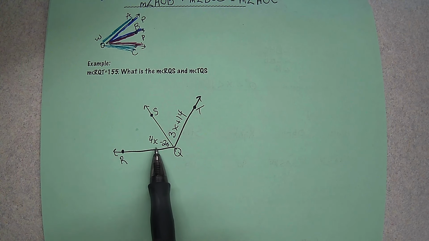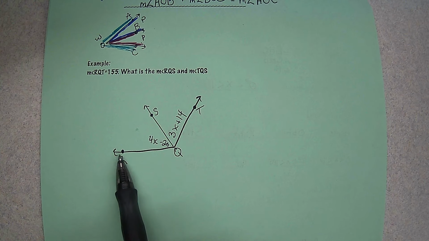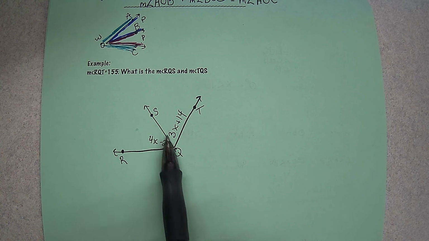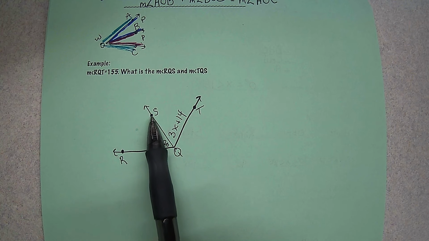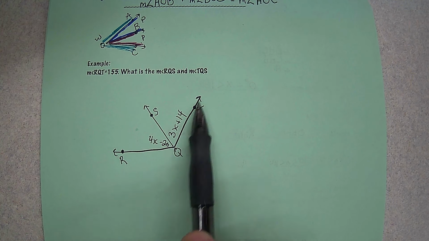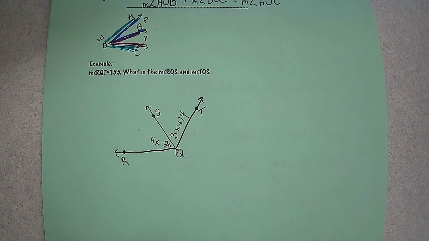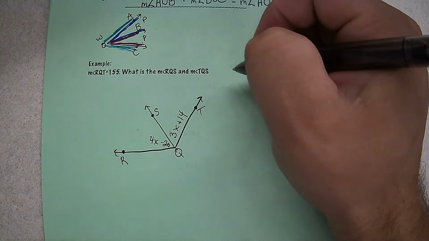We have to figure out the measure of angle RQS and the measure of TQS, based on what we're given. So the first thing is we have to solve for x.